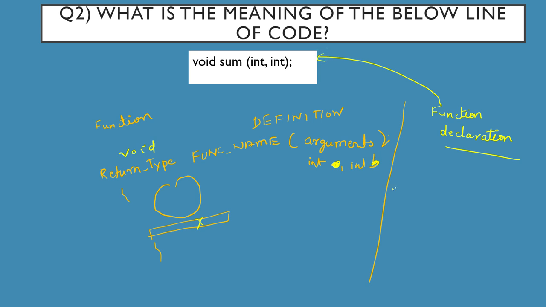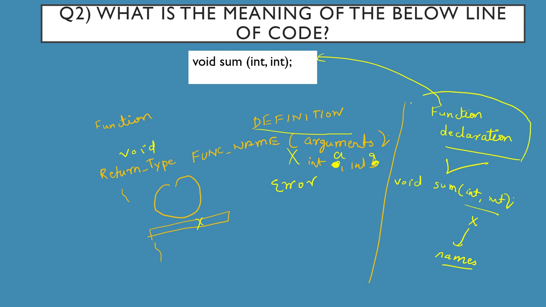You will have your void return type, your function name as sum, and you can just mention that int and int are the two arguments, and you don't need to mention the names of the variables. Because this is a function declaration, here you are not going to tell what is happening in the function. But in a function definition, you have to give the variable names, without that it will produce an error. Here it will work properly because this is a declaration.